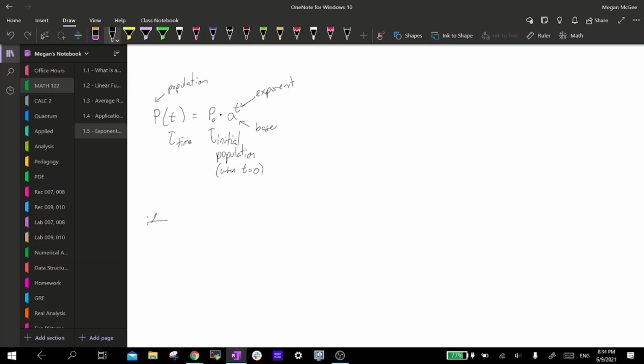So if the base a is greater than 1, we have exponential growth. And if a is less than 1, we have exponential decay.